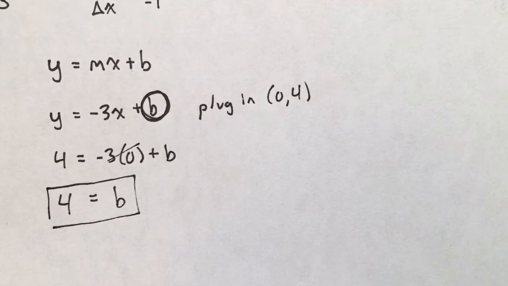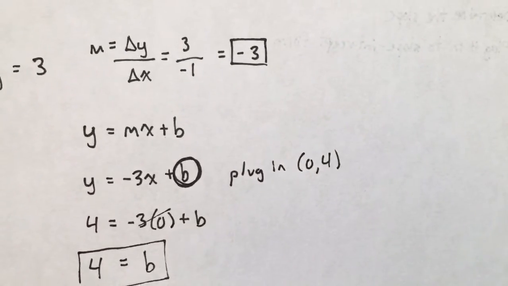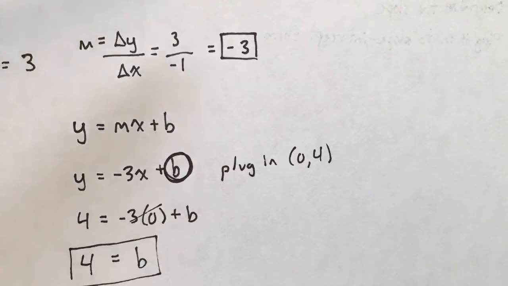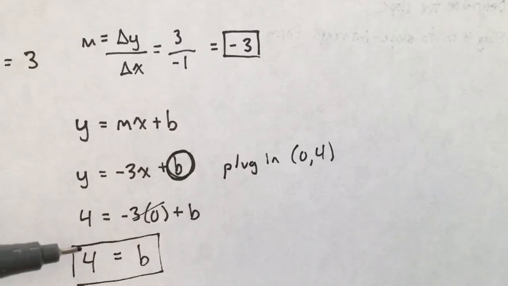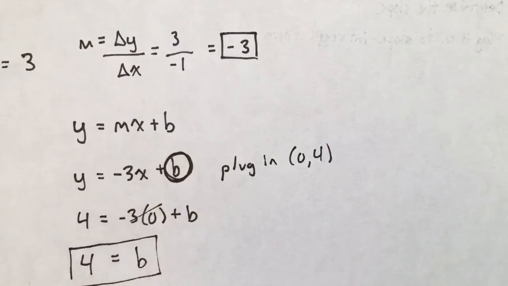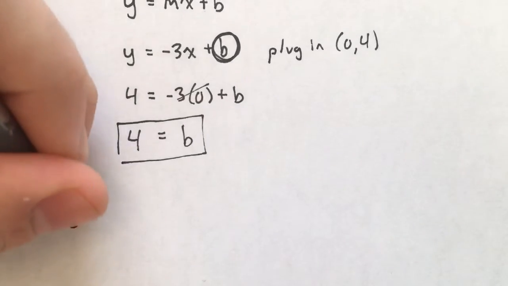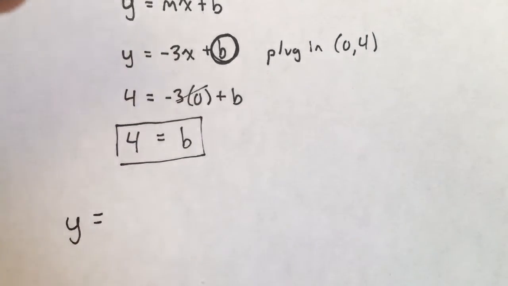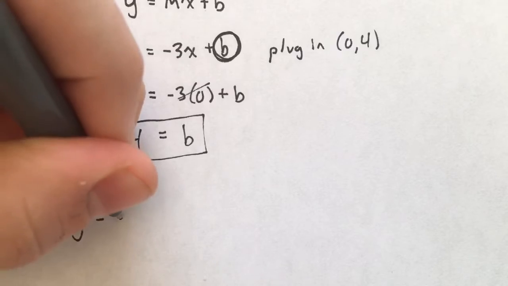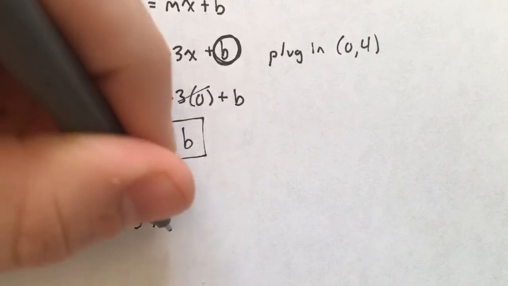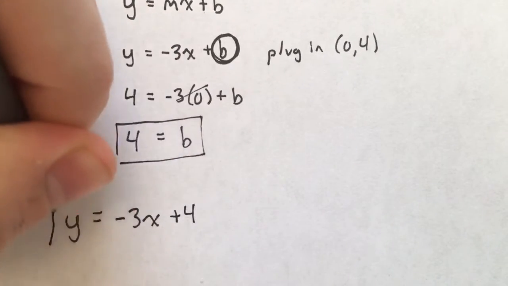So we didn't even need to do much solving at all to figure out what our y-intercept would be for this function rule. Take a look at the 2 pieces of information we found. There's our slope, there's our intercept. Now we've got both pieces of information that we need to write our function rule out. So y equals negative 3x plus 4.